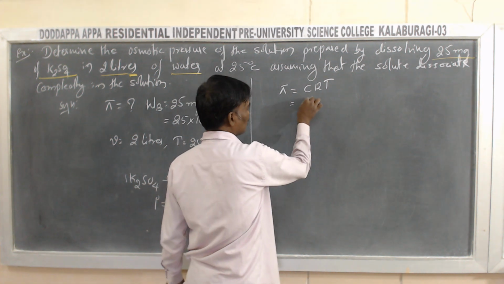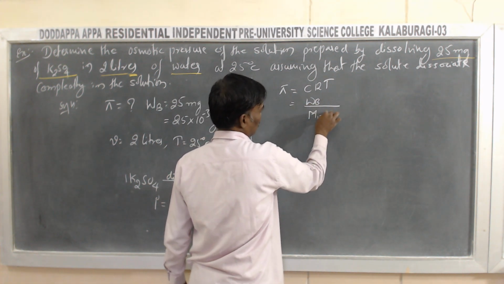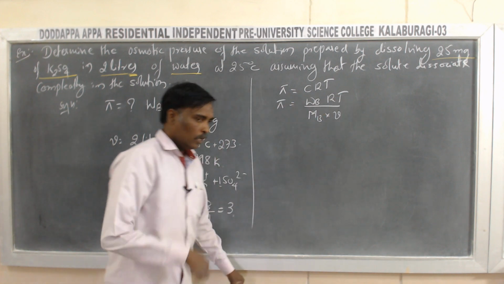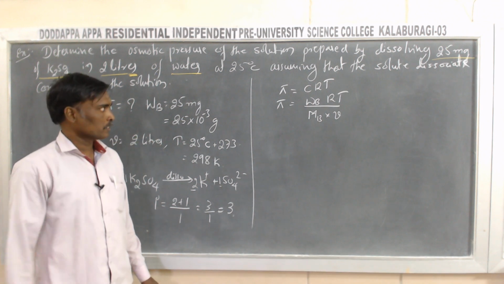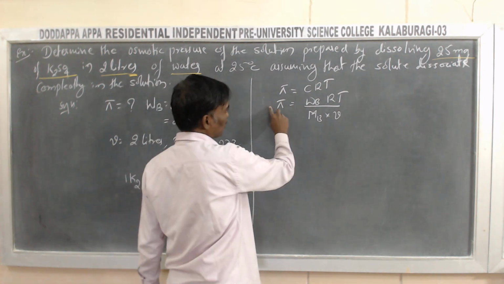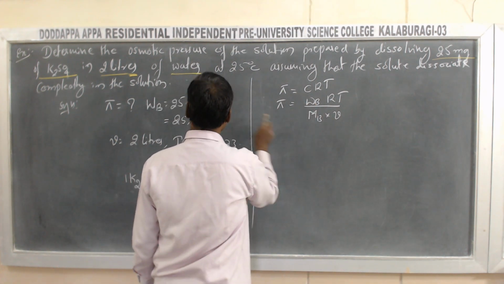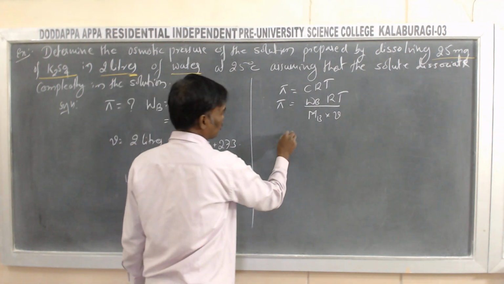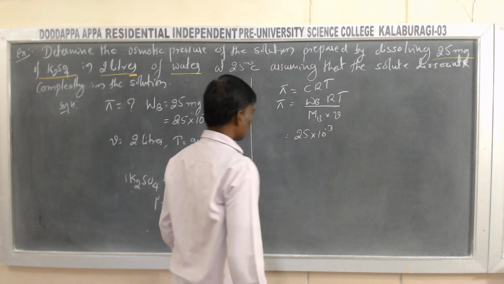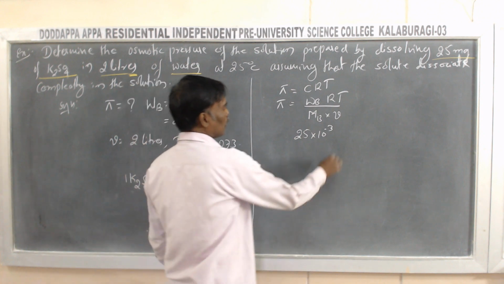Or we write this as pi equals WB by MB into V into RT. This is another formula, rearranged like this. So WB here is 25 milligrams. We converted that into grams, so it is 25 into 10 raised to minus 3, into R value.